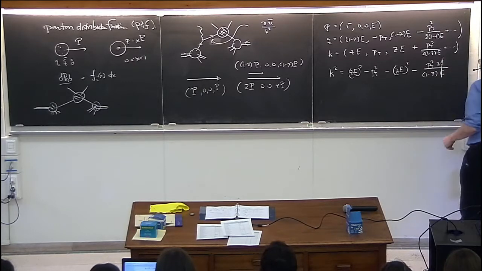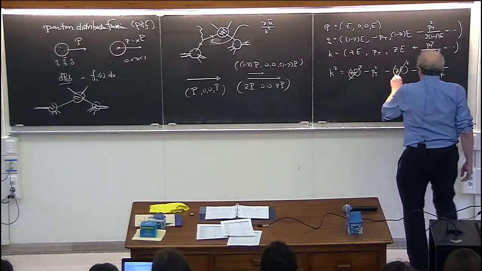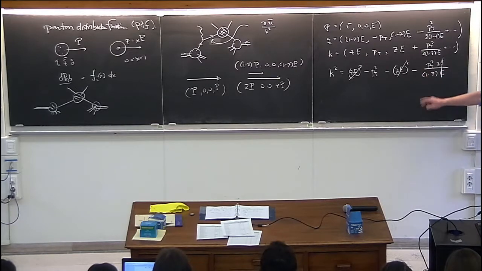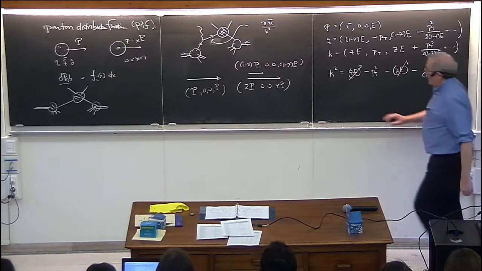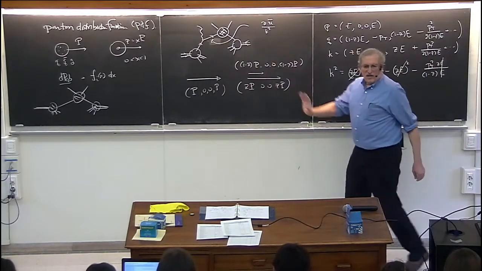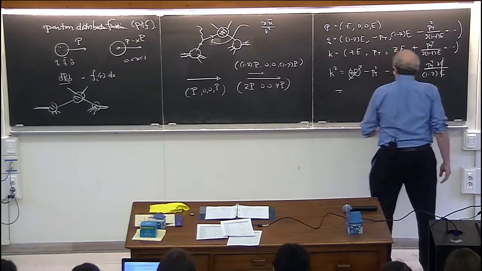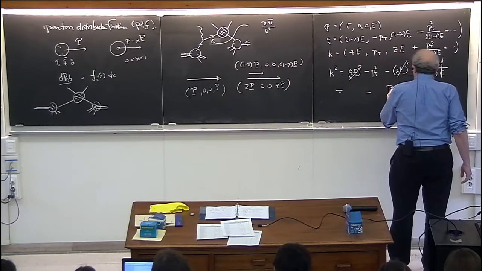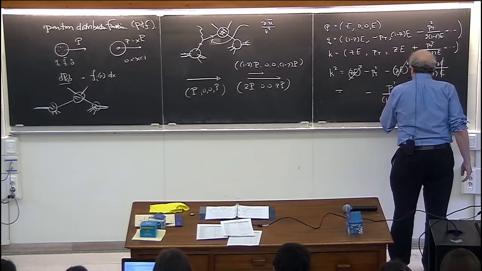These cancel. These cancel. Everything is proportional to PT squared, so if these vectors were actually parallel, I would get 0. And as you see, what I in fact get is this expression, PT squared over 1 minus z.